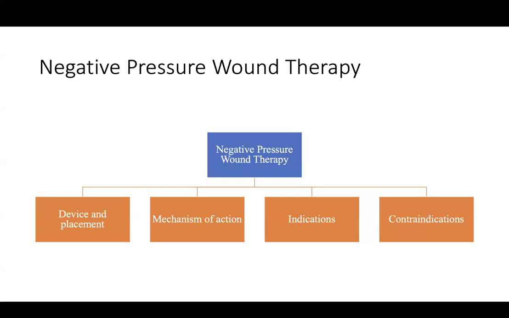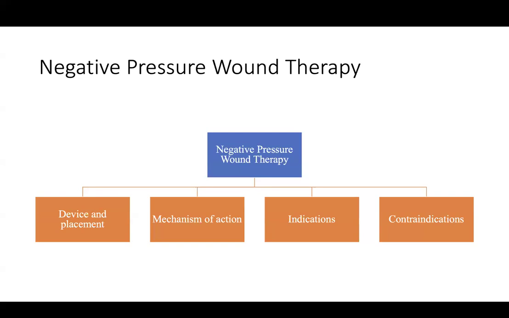The advantages are that as it is changed every 5 days, it is usually less tedious for the patient, and less painful as well. The disadvantage is the need for carrying the portable pump, and a relative disadvantage is that it is relatively expensive.